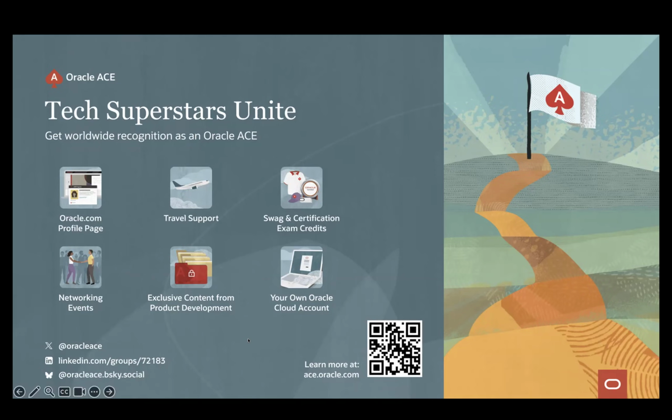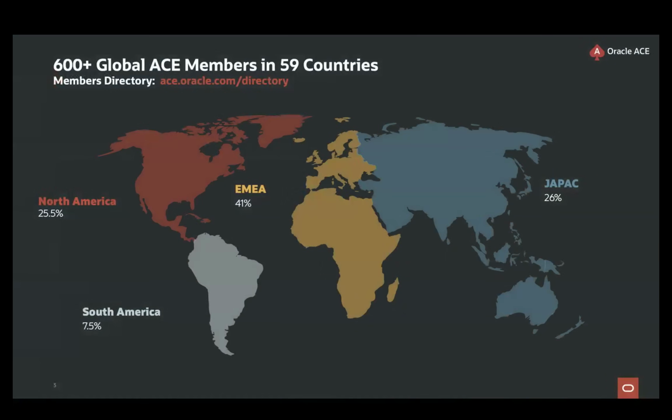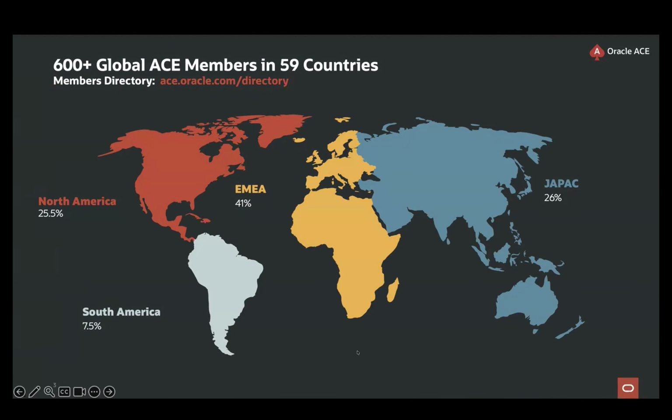And it also offers them a series of benefits that you can see more in the following slides. But as a community, we have over 600 people in almost 60 countries of the world. As you can see here, most of the ACE population is actually based in Europe and Middle East, followed by Japan and Asia Pacific and North America. And we also have a representation in South America.